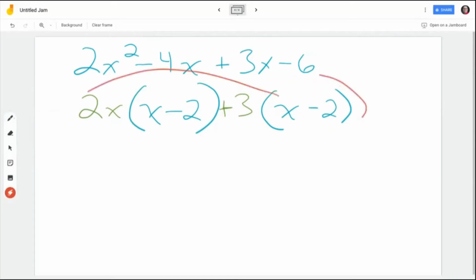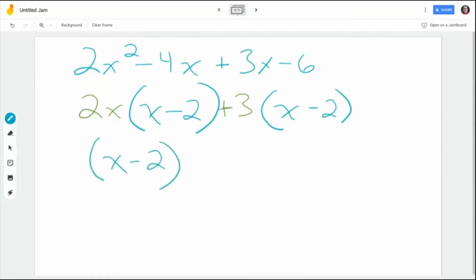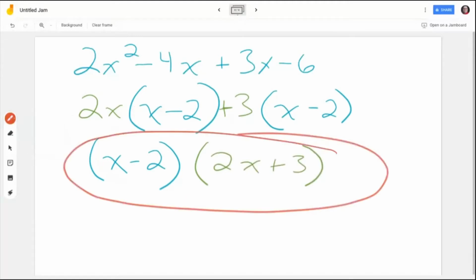We're going to pull those out, and we're going to get x minus 2. What's left over? I like color, so that's why I'm changing color. We're left with a 2x and a positive 3, so we're going to have 2x plus 3. And so our factored form of that polynomial is x minus 2 times 2x plus 3.